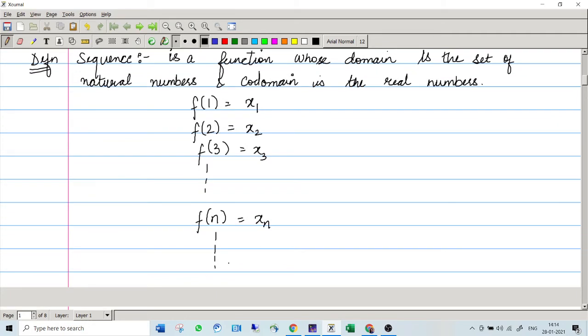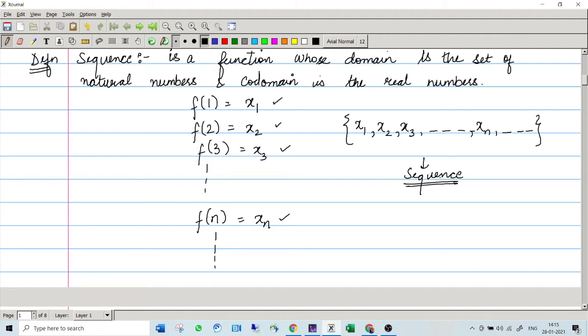So whatever values we have got, like x1, x2, x3, and generally xn, these are written as a set. This collection x1, x2, x3, and so on, xn and continued, this collection is called a sequence, right?